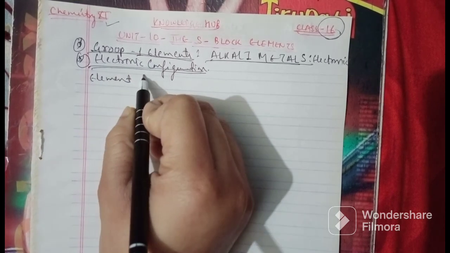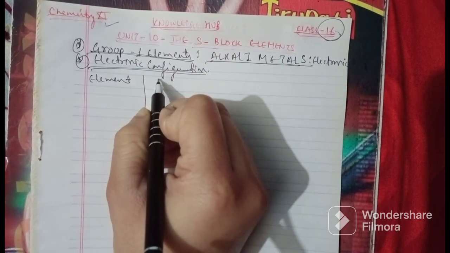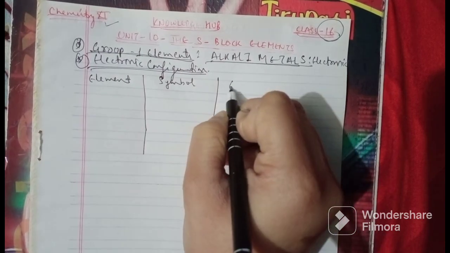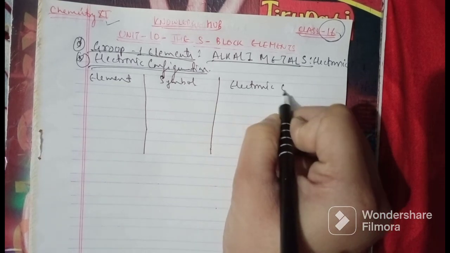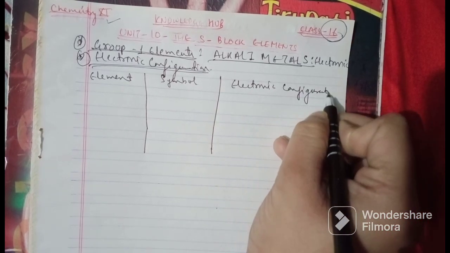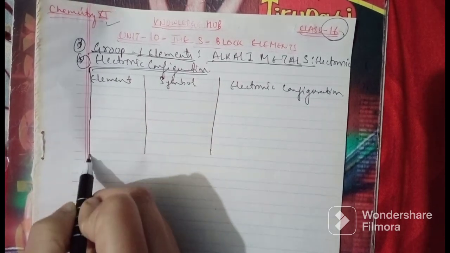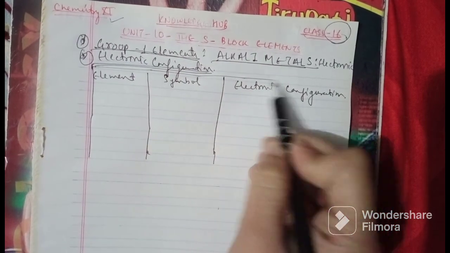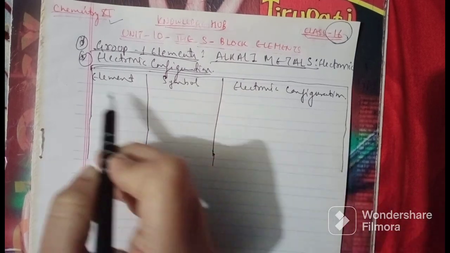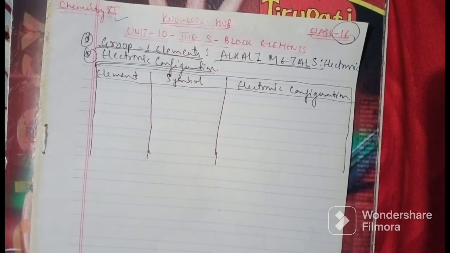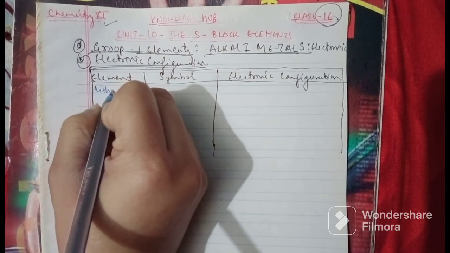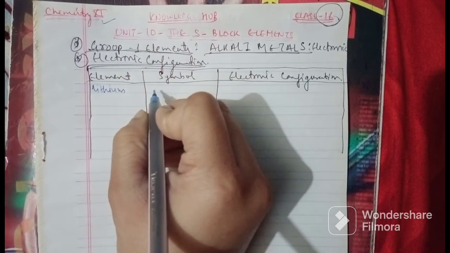For the first element, we have lithium. The symbol is Li.